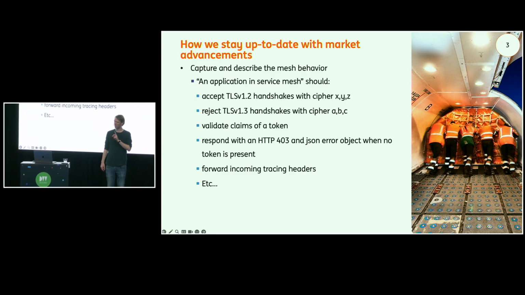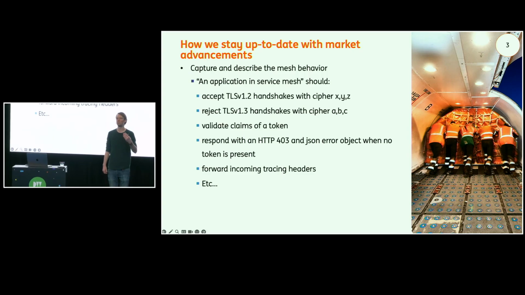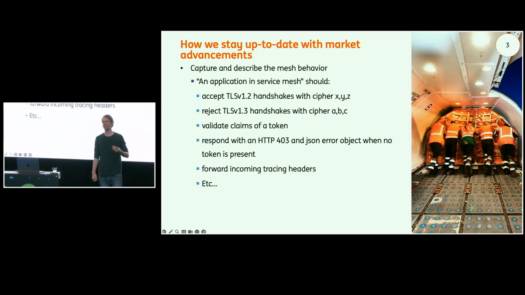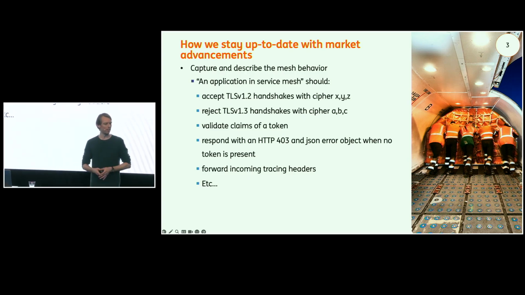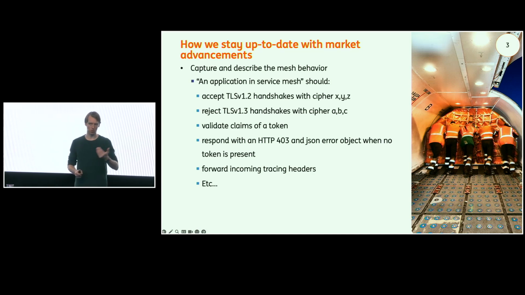So it's kind of like creating a BDD, behavior-driven development, or a test suite, a regression test suite that we introduced for our product, for the sidecar, for the library, where we capture this app or this workload should be able to handle, in this case, TLS version 1.2 with a set of ciphers. It should reject TLS 1.3 if it has this cipher.